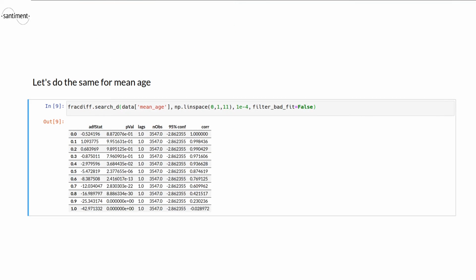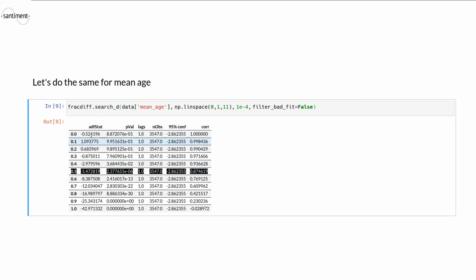Okay, and now let's do the same for mean age. We can do a search again and see what the statistic tells us. So, for example, you can look at 0.5.